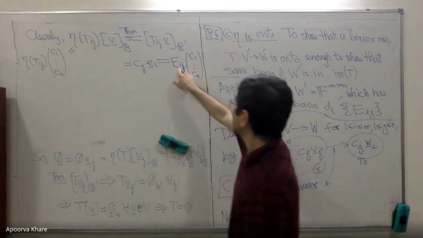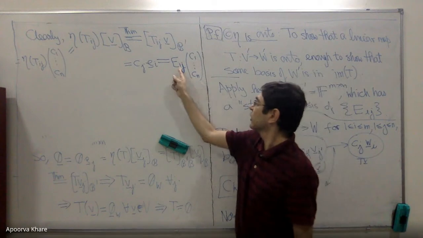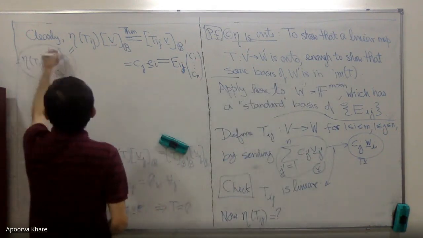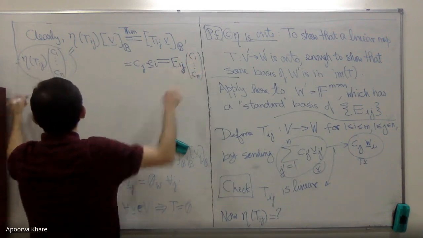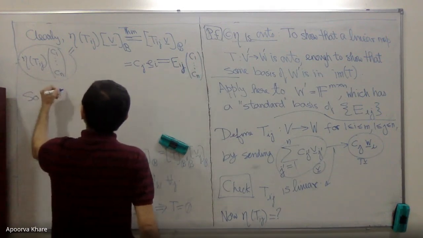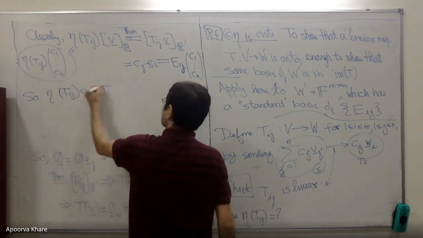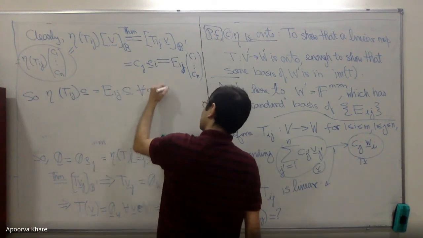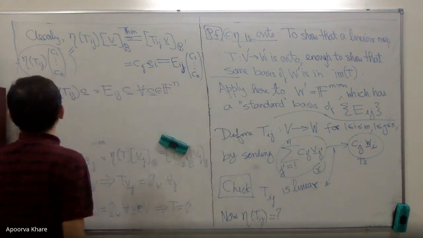If you compute the Eij matrix times this vector, then you can check that what you get is Cj times Ei. So on the one hand, you have this times the C vector equals this. On the other hand, Eij times the C vector equals this. So eta of Tij times the C vector equals Eij times the C vector for all C vectors belonging to F to the N. But then this is exactly one of the homeworks I just told you.